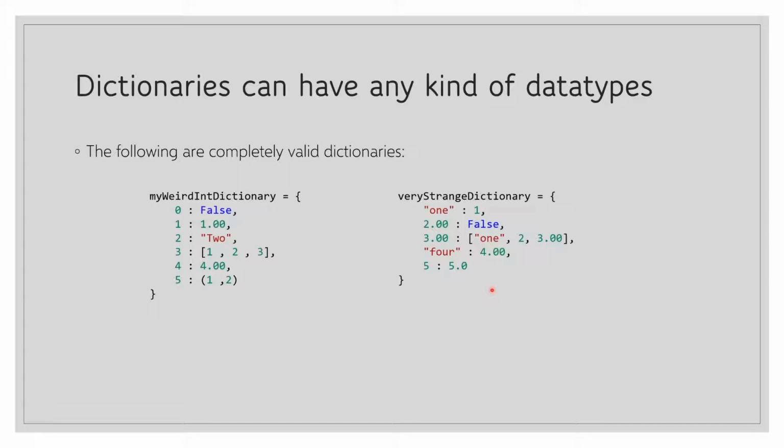Nowhere in that definition does it say that all keys have to be of the same data type, all values have to be of the same data type, or that keys and values have to have some sort of matching data types. It says that nowhere, so don't put that limitation in your head. You can do whatever you want with dictionaries as long as you follow the general rule of key and value.